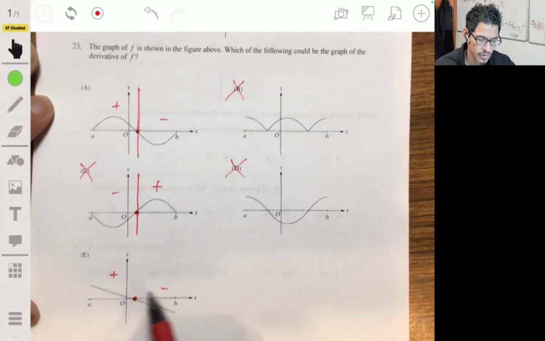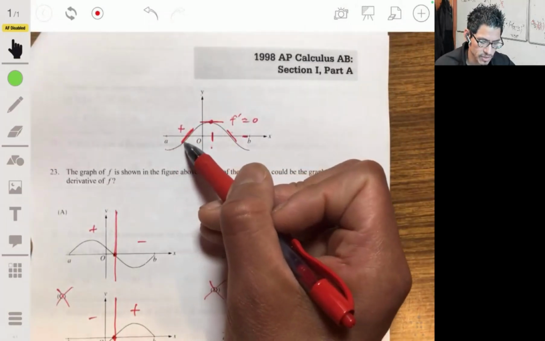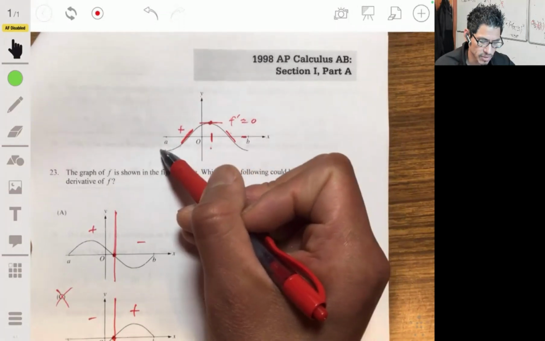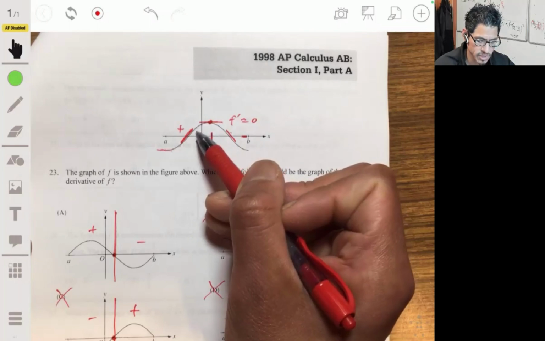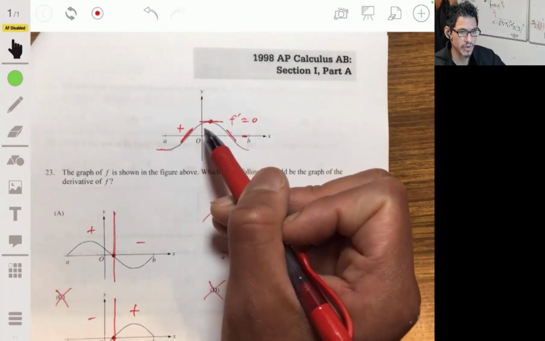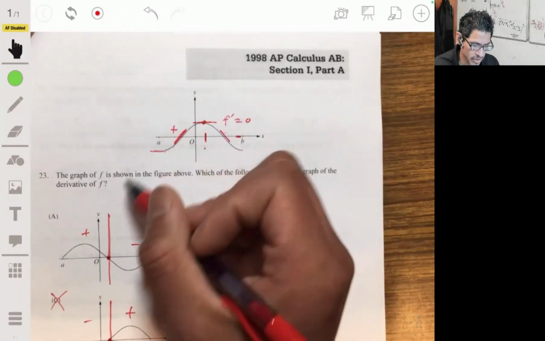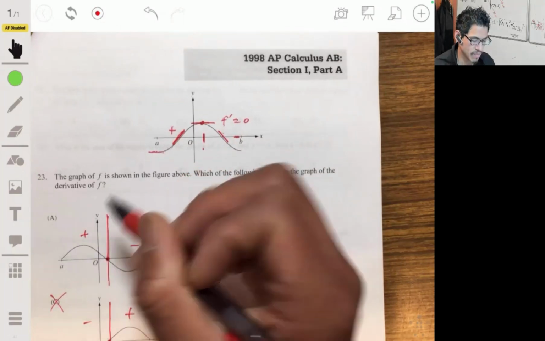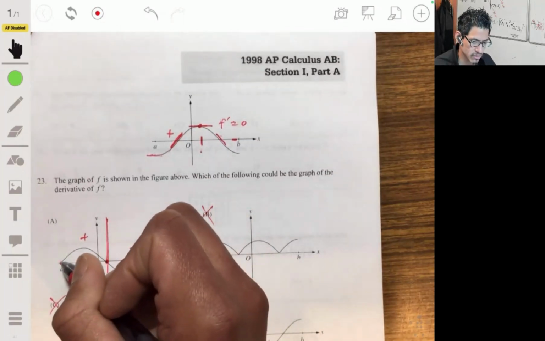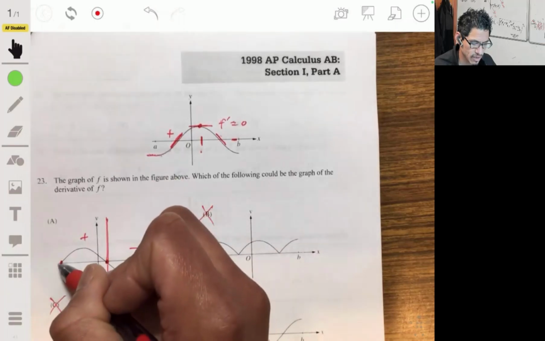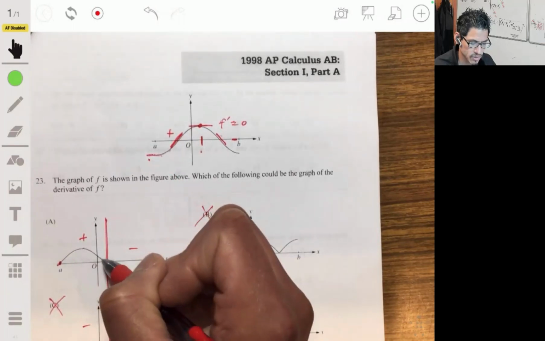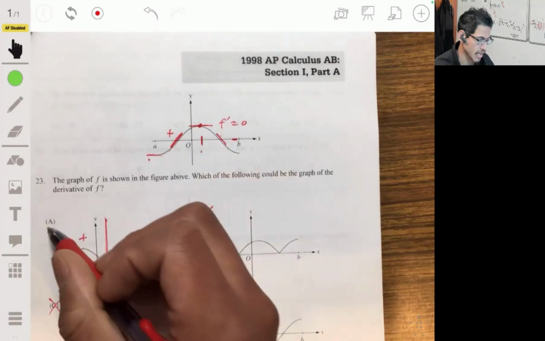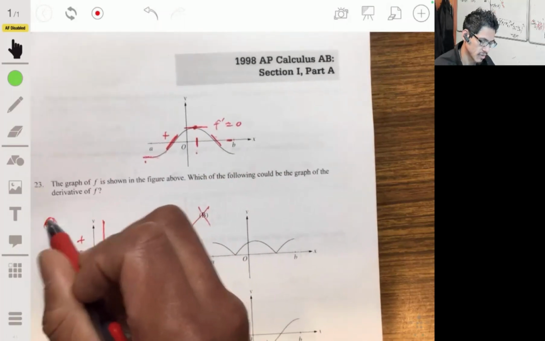But you can see the graph is positive, but it's 0 here, then it's more steep, then it's getting less steep. So it's changing its behavior. A matches that the most because you see it's 0, it's flattening out here, which is over here. Then it's increasing, decreasing. And so A would be the best answer.